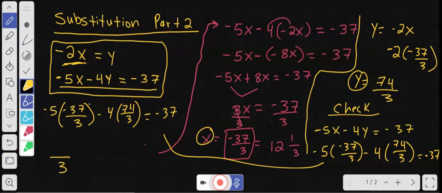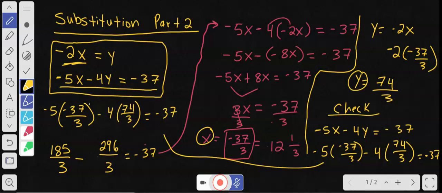So we got 185 over 3, minus 4 times 74, the 3 is on the bottom again. 4 times 4, 16, you carry the 1 over there, and then 4 times 7 is 28, plus 1, 29. That's 296. That's supposed to all equal negative 37.